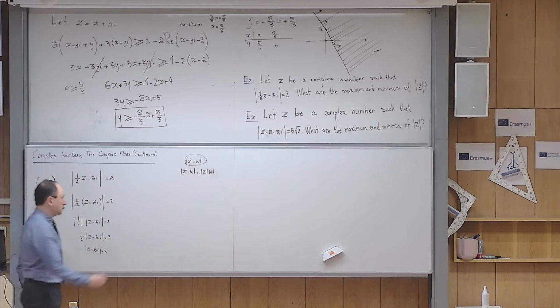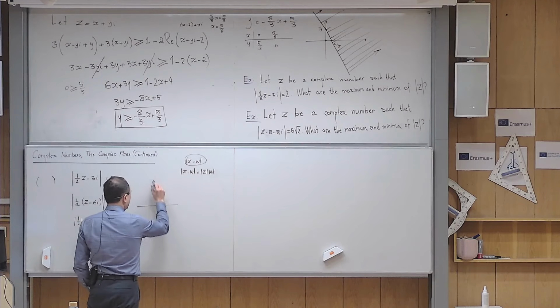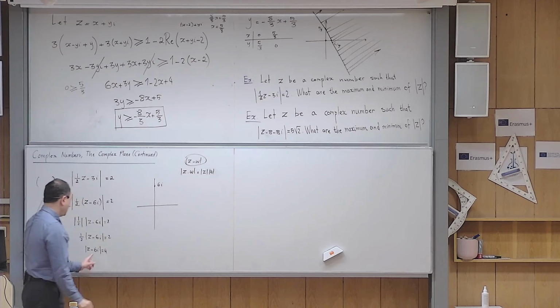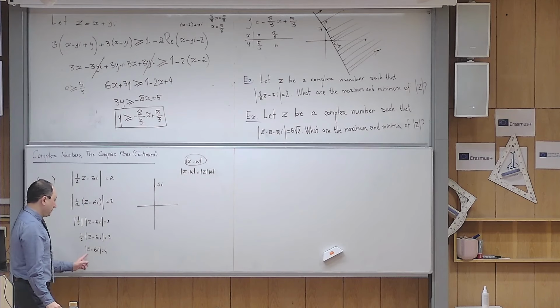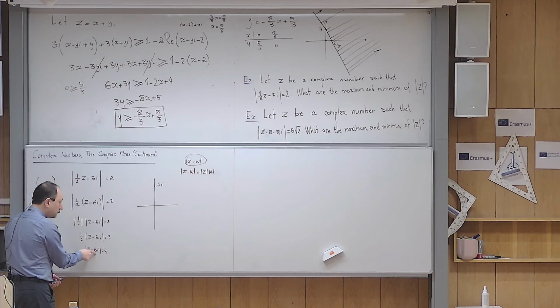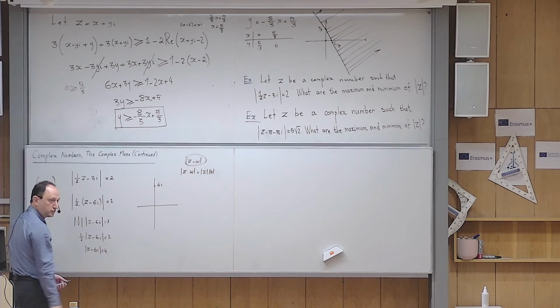So where is 6i? You can imagine that, for example, this is 6i, yes, 6 units up, and the real part is 0, and I am interested in points z so that the distance from that point z to this fixed point 6i is 4 units.